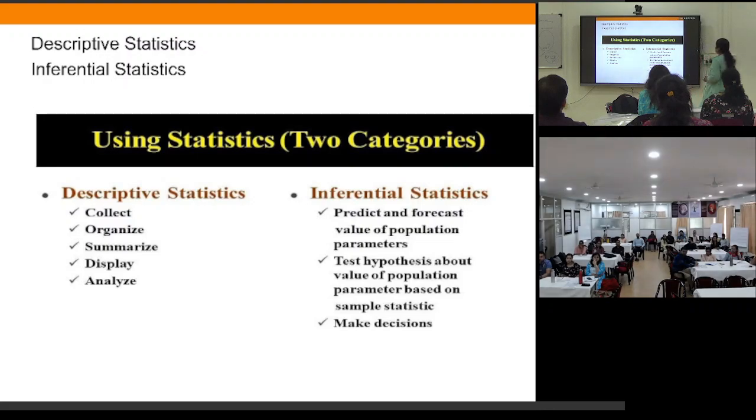So it is inferring the value of the population parameter based on the decisions. So here you make the decision. That is why inferential statistics is obviously more important, but the basic homework that you have to do is with descriptive statistics, of course. Unless that is done correctly, you cannot go further.